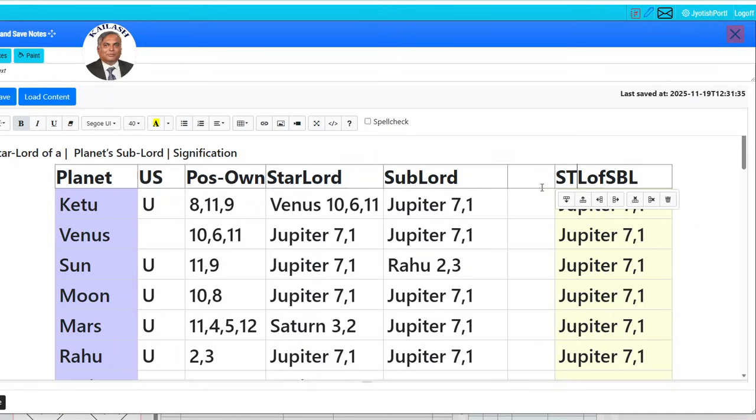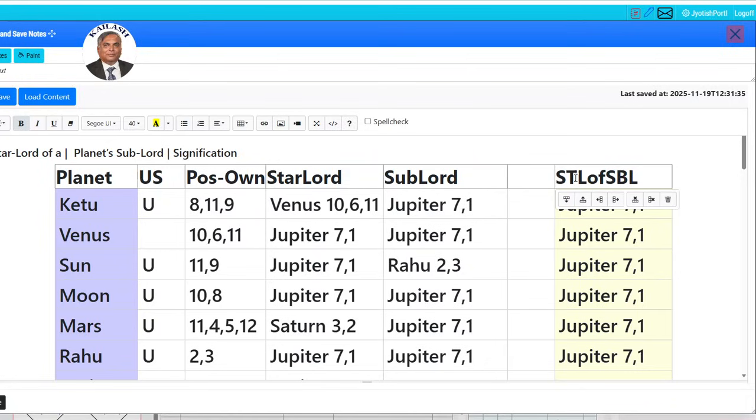In some places I have seen the Professor mentioning the star lord of sublord, but it's not that all the time he has made use of it. But you should know that the Professor himself has made use of the star lord of sublord. I don't know why there is this inconsistency, or why at some point the Professor totally abandoned it. That I really don't know.